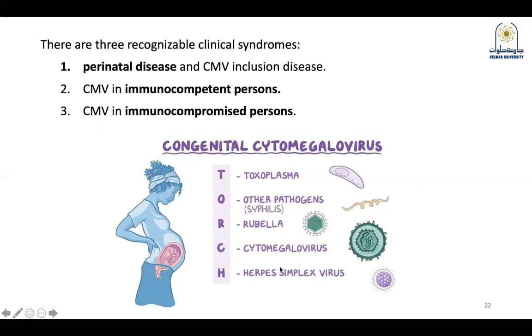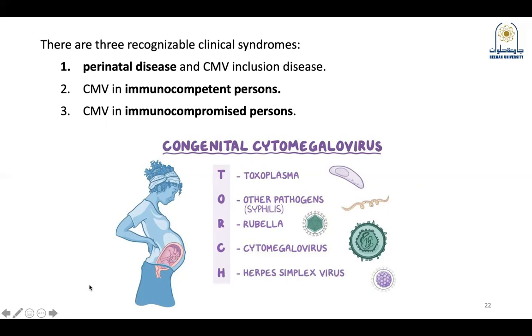In congenital infection, we know the common infections are called TORCH, which refers to toxoplasma and other pathogens like syphilis, the O; rubella, German measles, the R; the C is cytomegalovirus; and the H stands for herpes simplex viruses. If the pregnant lady has an active infection with one of these infectious diseases, it will induce congenital infection in the coming baby. And cytomegalovirus is one of them.